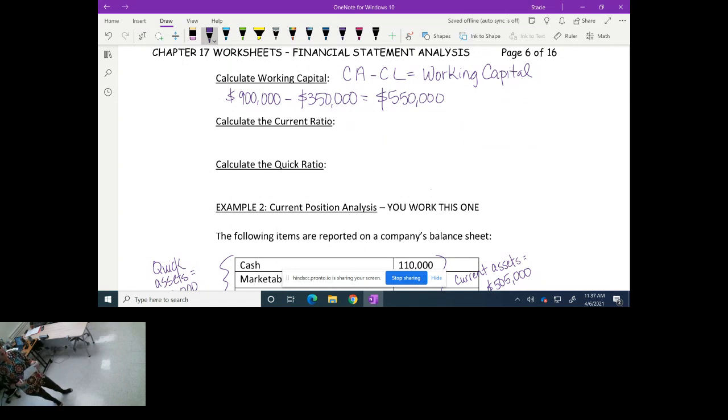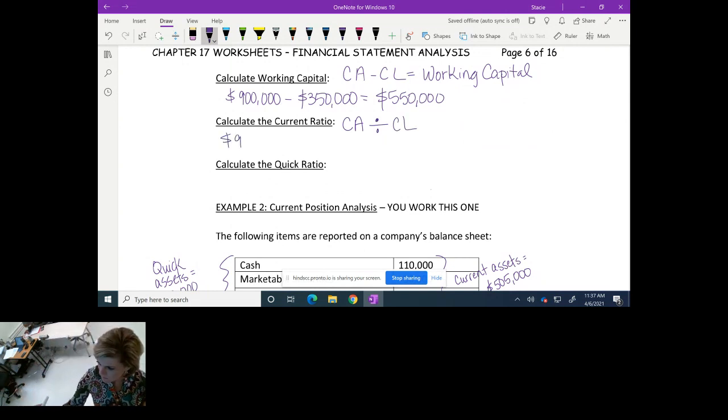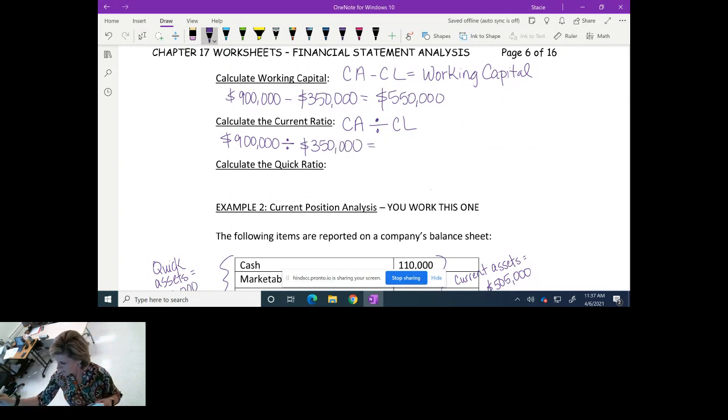All right, our current ratio is current assets divided by current liabilities. So we'll take that 900,000, divide it by current liabilities of 350. And that gives us 2.57.